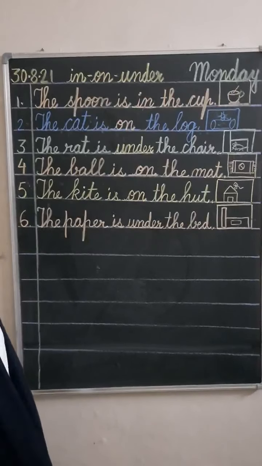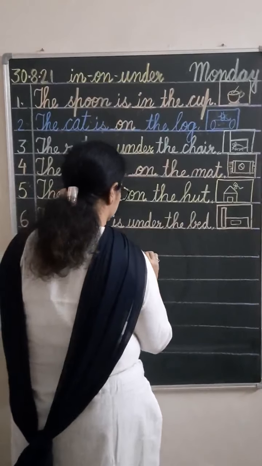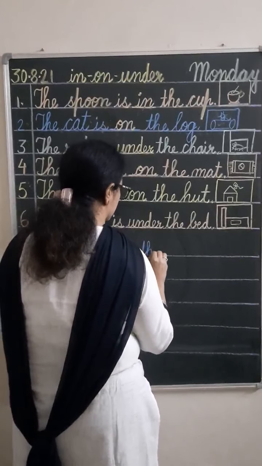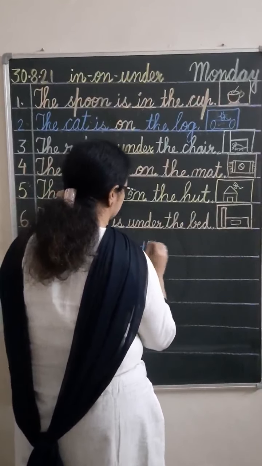Okay, the flower is dash the, T-H-E, the flower pot, F-L-O-W-E-R-P-O-T, flower pot. Here put full stop, and here make a box.